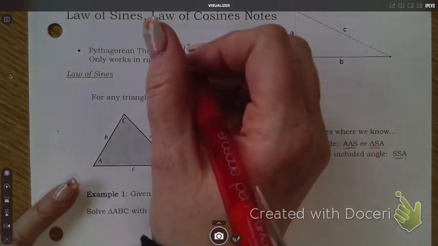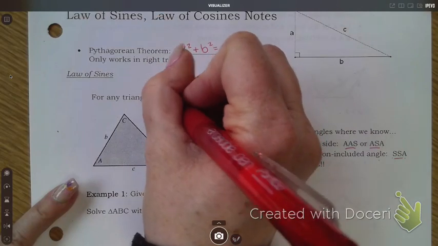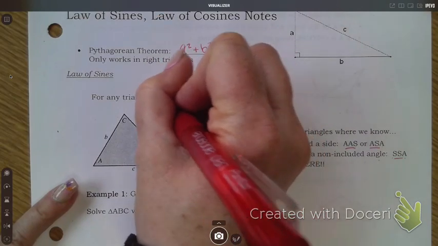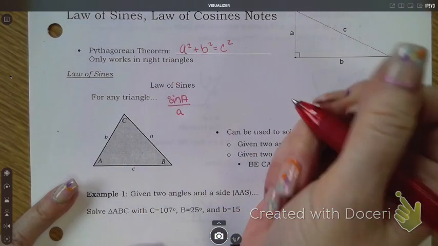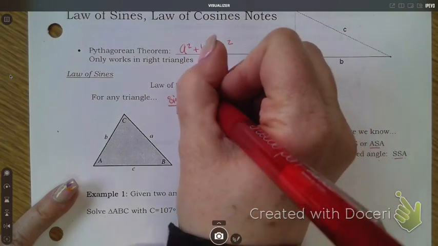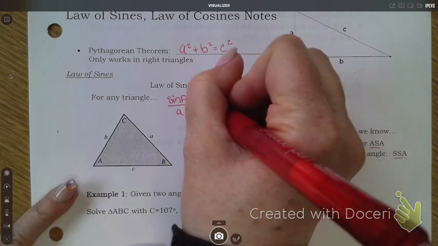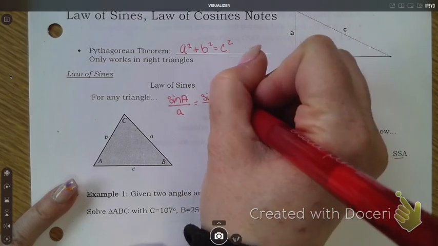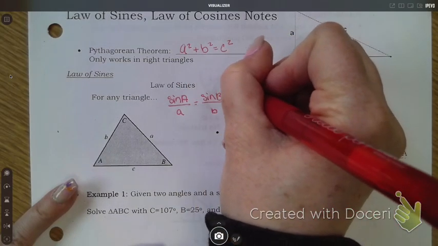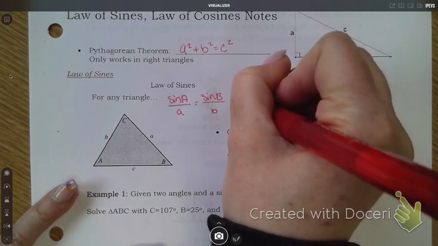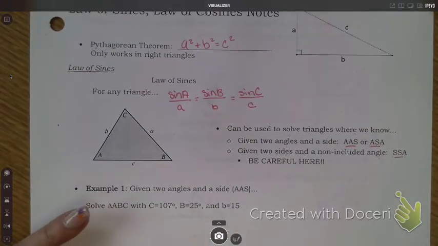So how it works is the sine of A over side A is proportional to the sine of B over side B, which is also proportional to the sine of C over side C. Now, we know that to solve proportions, we don't need all 3, do we?